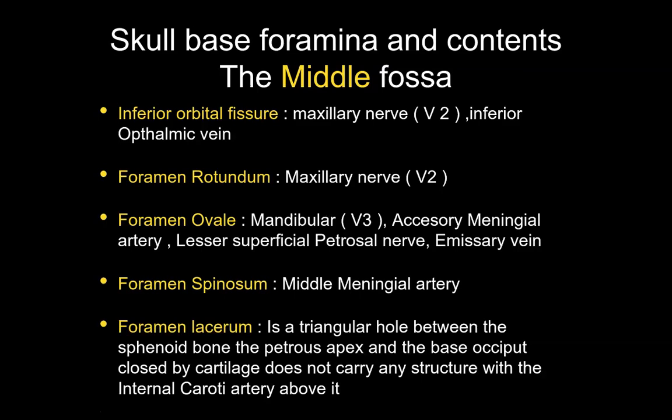Then we talk about the foramina and contents of the middle fossa, the inferior orbital fissure, which is carrying V2 and inferior ophthalmic vein, and the foramen rotundum carrying V2, foramen ovale carrying V3 with an artery, accessory meningeal artery, with a nerve, lesser superficial petrosal nerve, and with an emissary vein from the skull to outside.